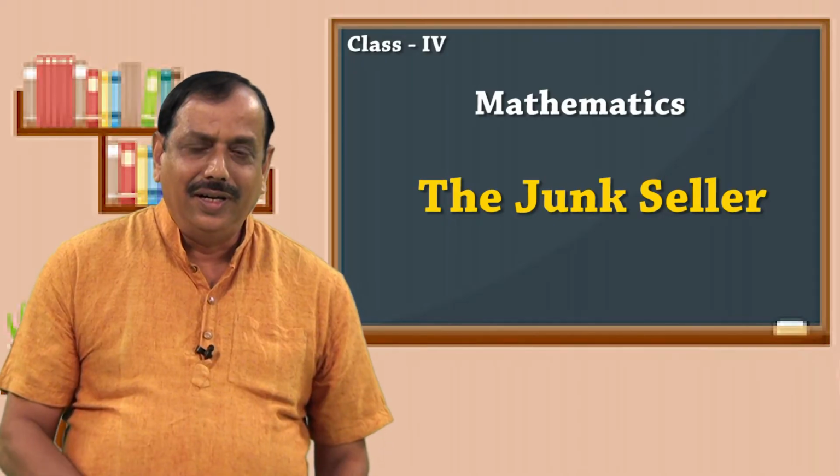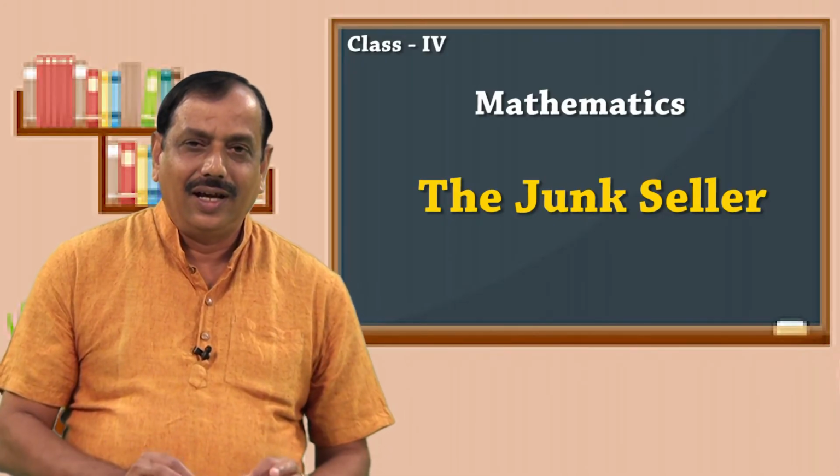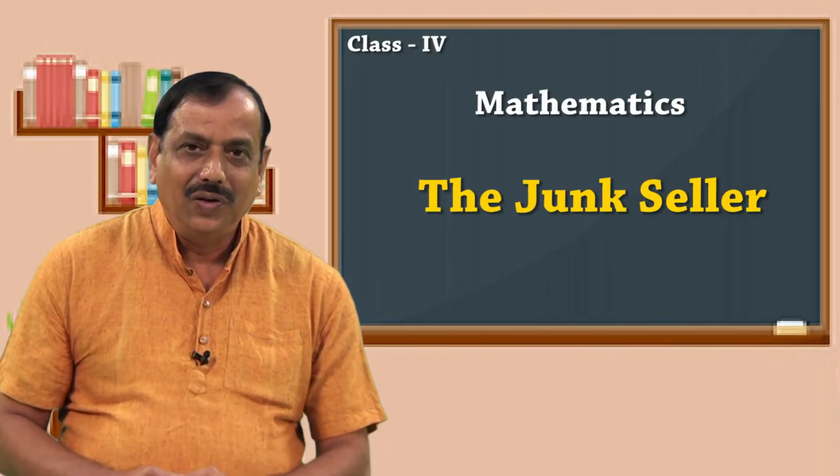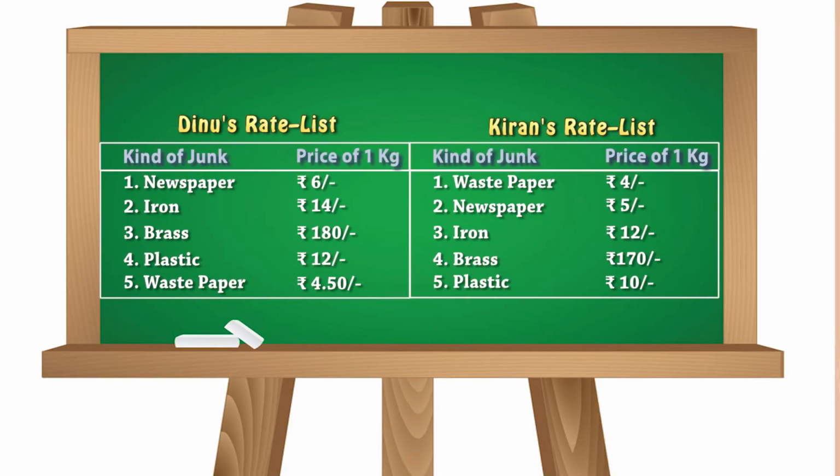If Kiran sells her junk at Dinu's shop, will she make a profit? Compare Kiran's rate list with Dinu's rate list and make your own judgment whether she is going to make a profit by selling her junk at Dinu's shop or not.